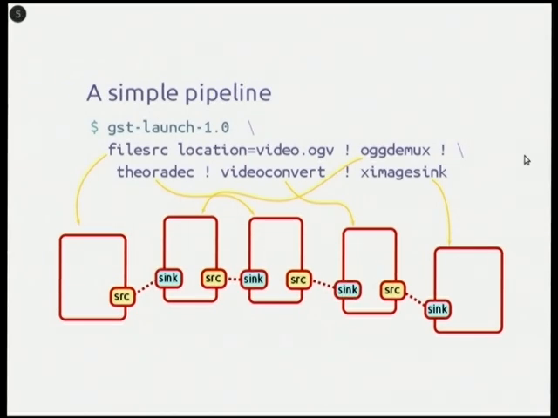The first element in the row reads the file, and then it demuxes the OGG file and decodes it, and then the videoconvert is just changing the color space if it needs to, so that the sink, which would be putting it on the screen, can cope. And if it doesn't need to, the videoconvert will do nothing.